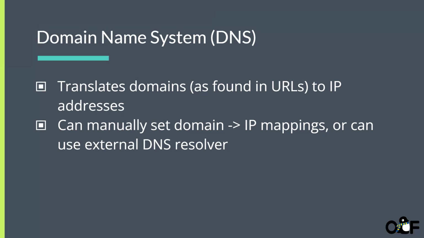You can either set up a mapping of Google to address X, or what most of us do is have somebody else cache that data for you. You send them a request saying you want this address, they tell you to go to this IP address, and you send some data to that IP address depending on what you want to do with it.